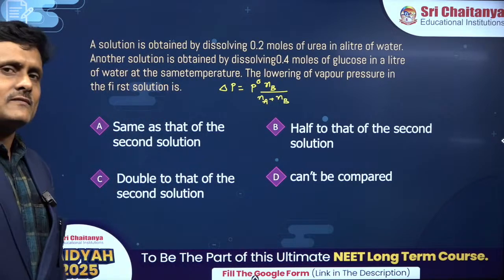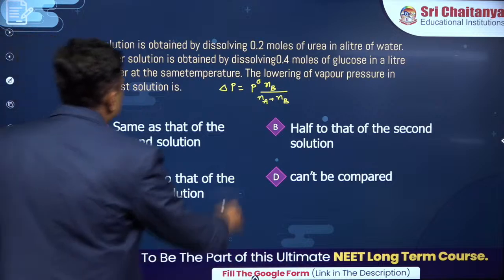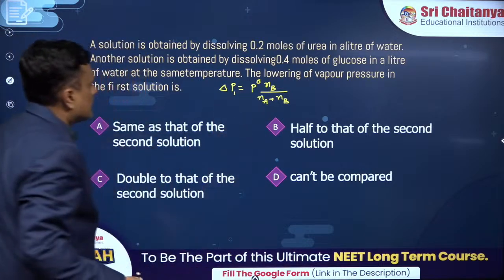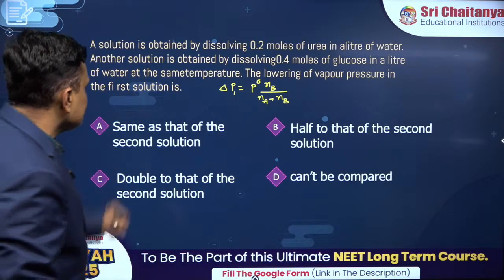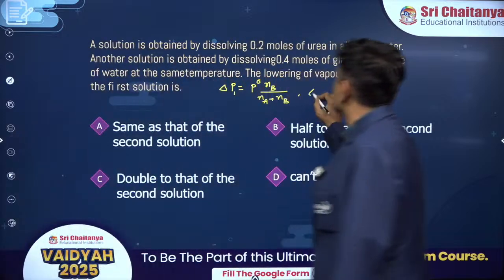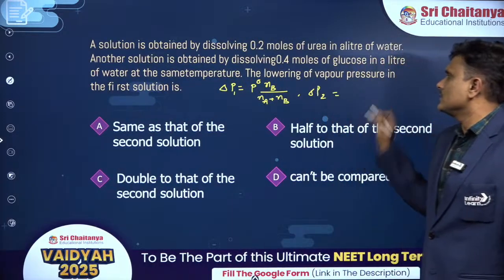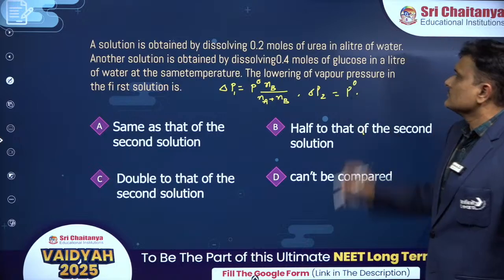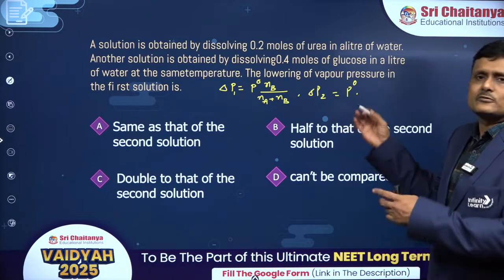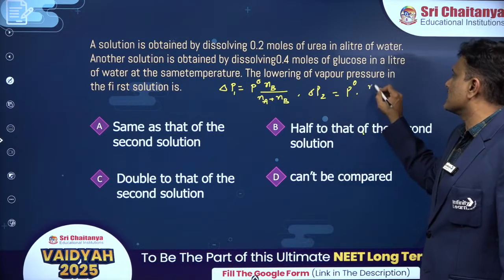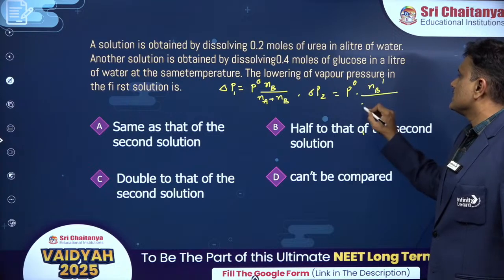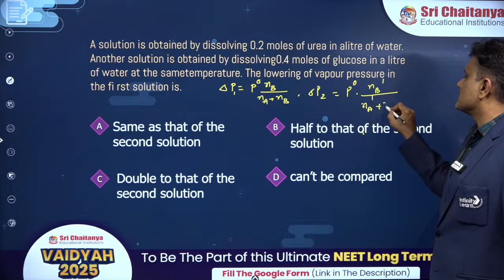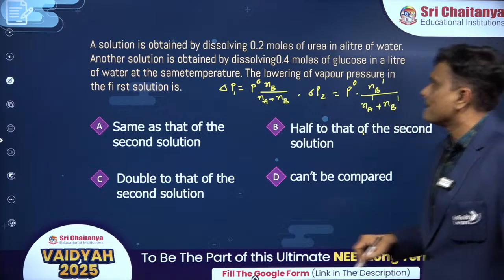Alright, this is the equation, right? For the first solution, I'll write this as delta P1 and delta P2 for the second solution. Both are occurring in water only, equal to P naught into the number of moles in the other solution, so it is nB prime divided by nA prime plus nB prime.